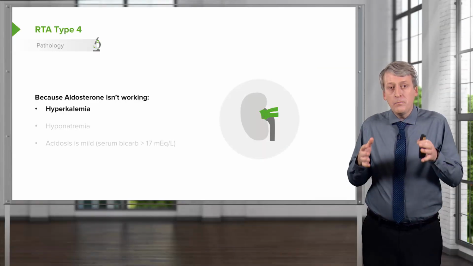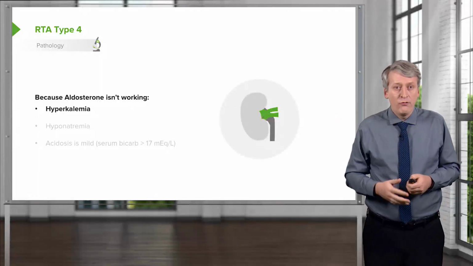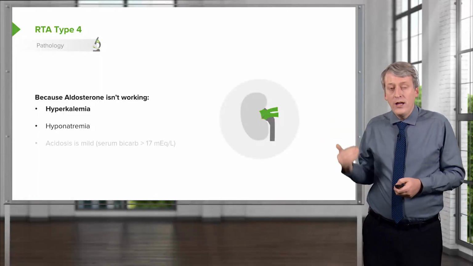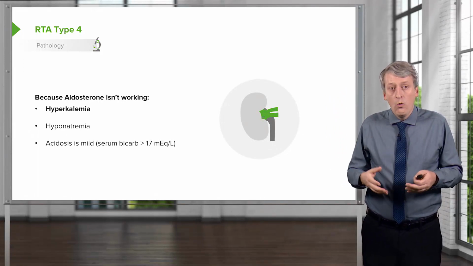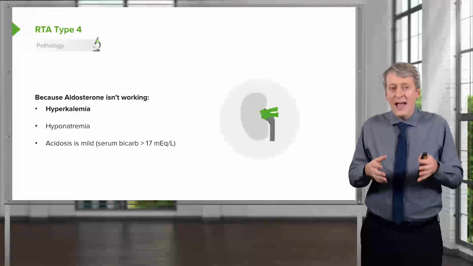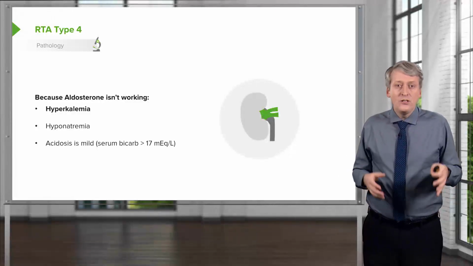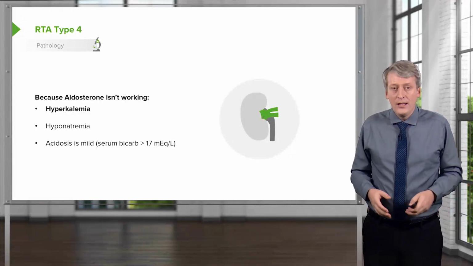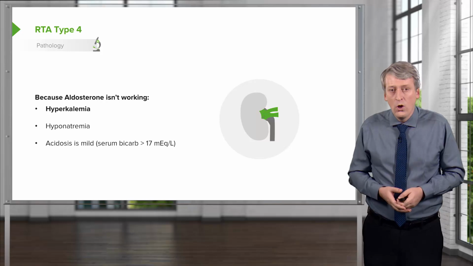So these patients get hyperkalemia, which can be life-threatening, and hyponatremia from loss of that. So the acidosis is actually not really our biggest concern. The acidosis is usually reasonably mild, and these patients will only have a bicarbonate in the high teens or low 20s.